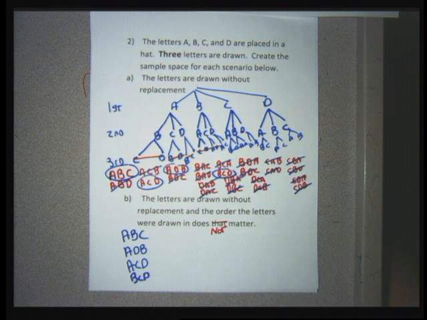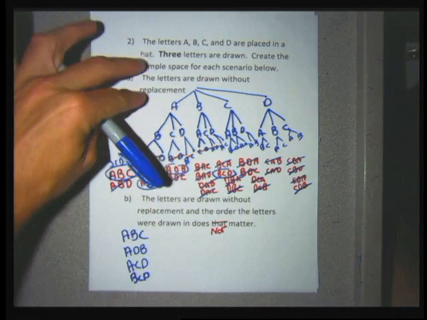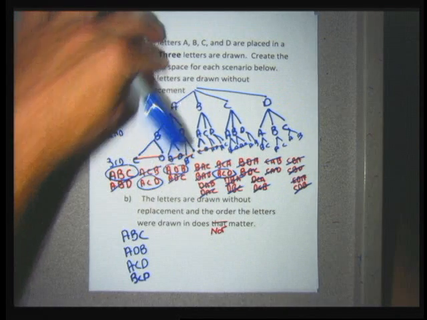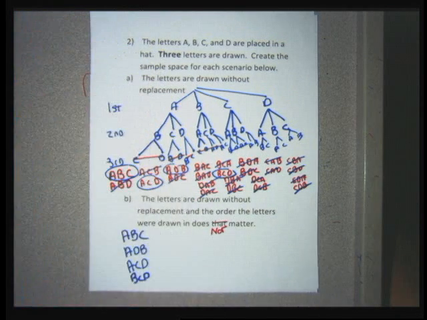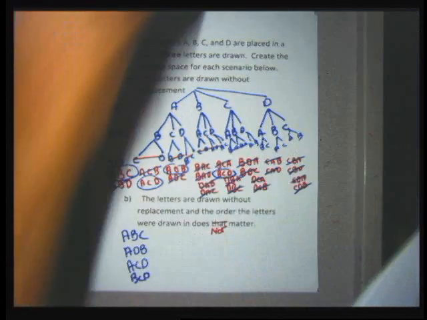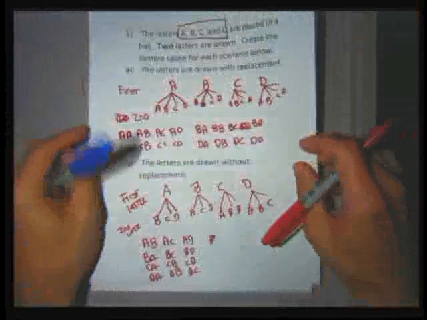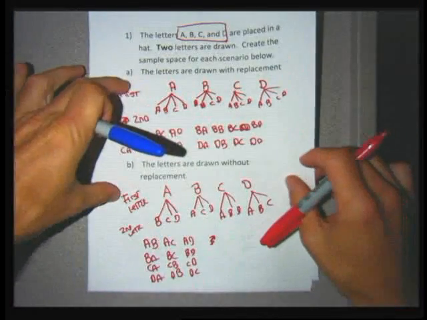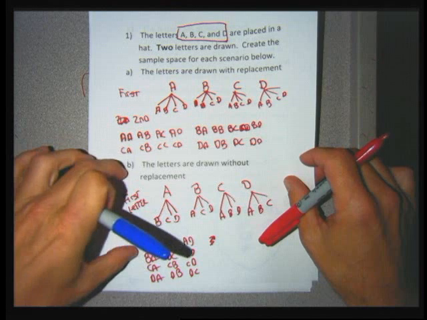So when you add restrictions, when I did the with replacement to without replacement, the with replacement sample space is always going to be bigger than the without replacement sample space. So for parts A and B, the with replacement is bigger than the without replacement.